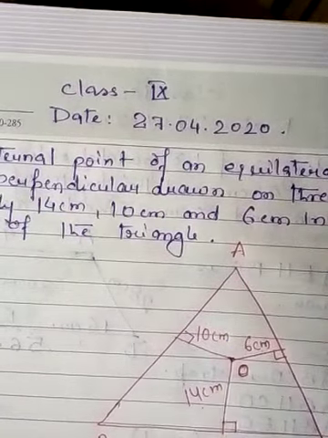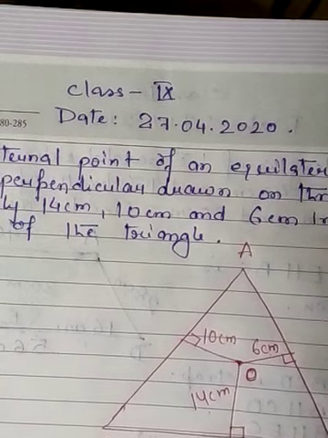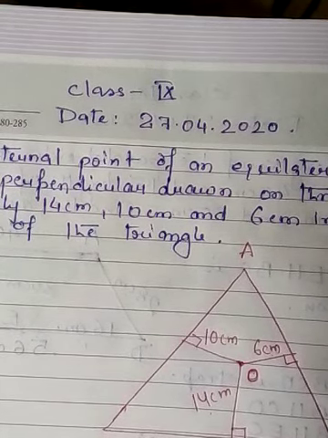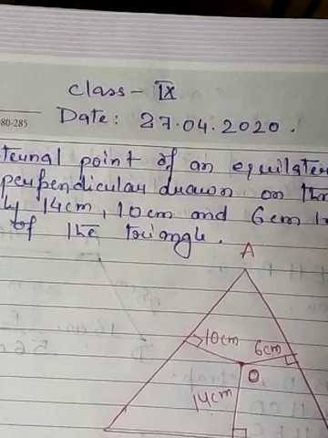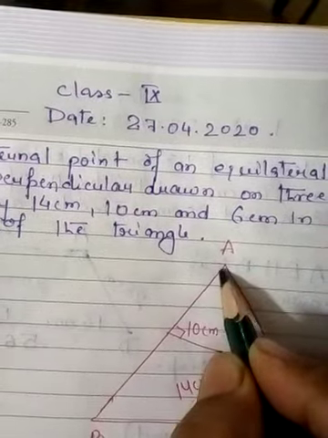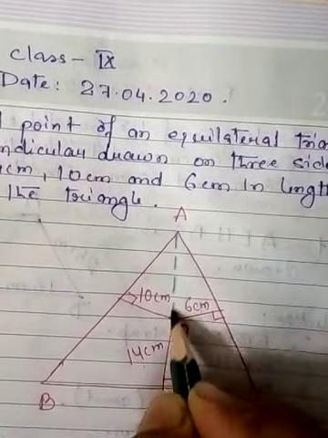In an equilateral triangle we can find the area by two methods, half into base into height, and we have the formula root 3 by 4 into side square. So I'm going to use both the methods to solve that question. I'm going to do a construction, that is I'm going to make triangles with it.